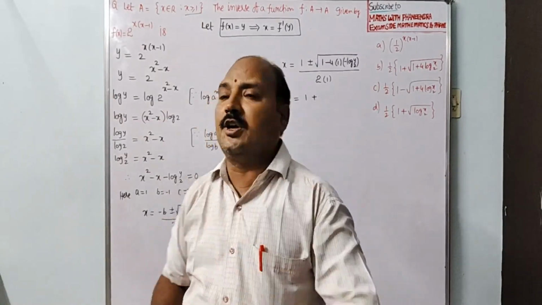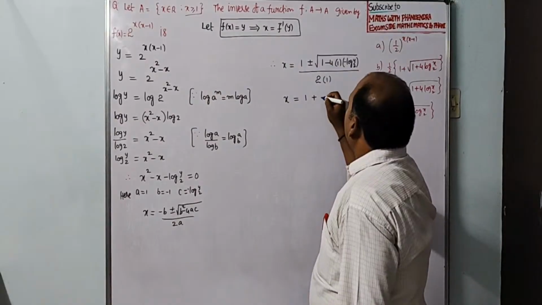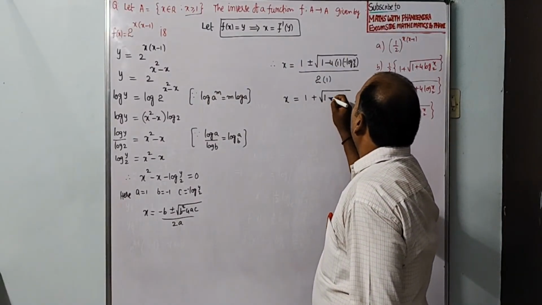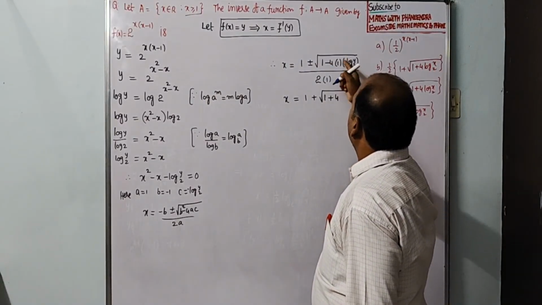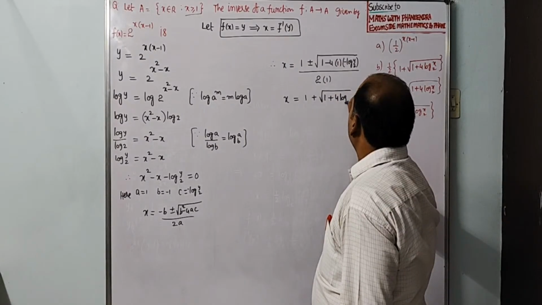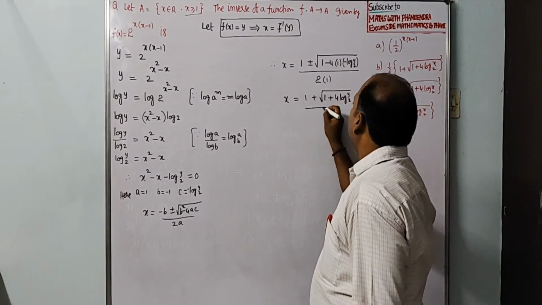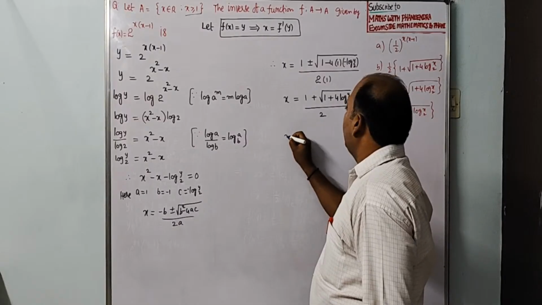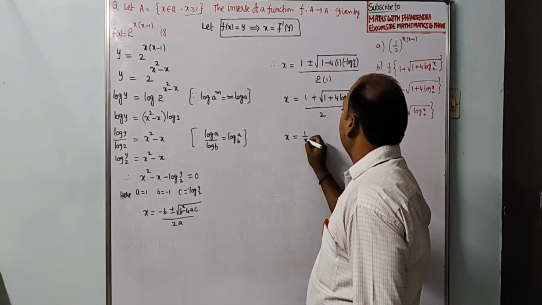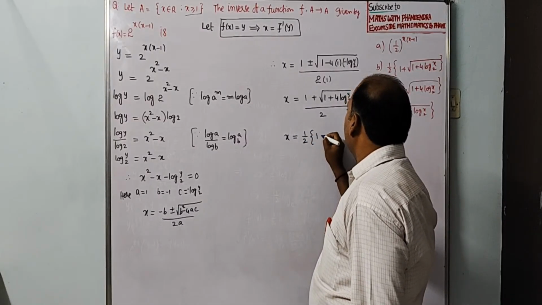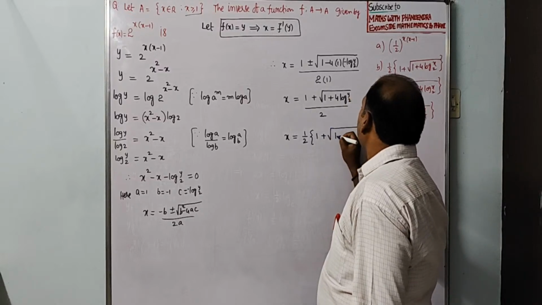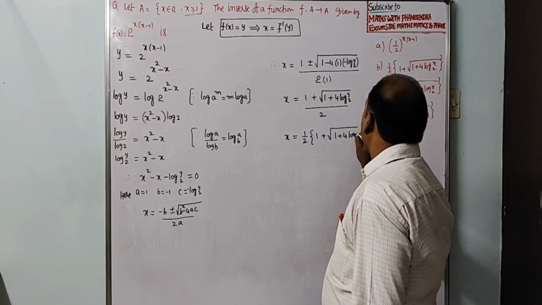It should be unique. 1 plus root over 1 plus 4, minus into minus is plus, 4 into log y to the base 2 divided by 2. So we can write it as x equal to 1 by 2 into 1 plus root of 1 plus 4 into log y to the base 2.